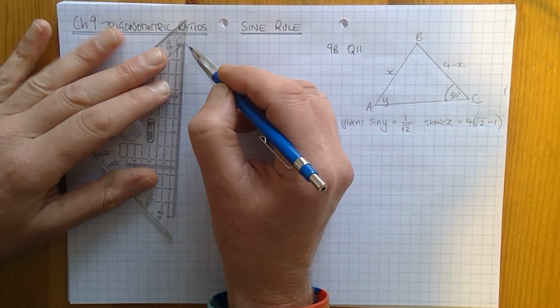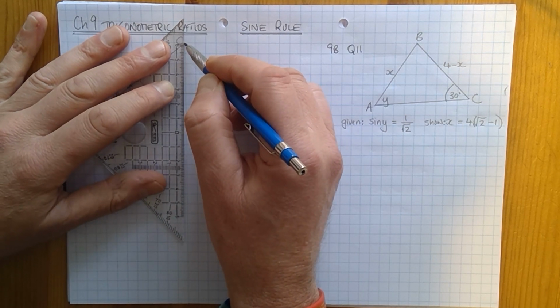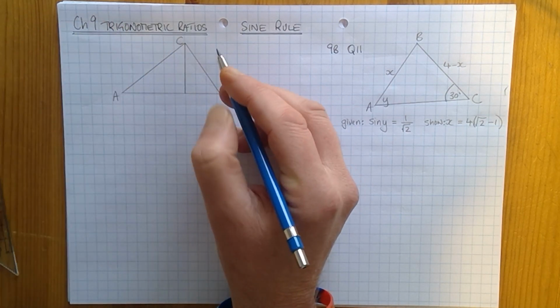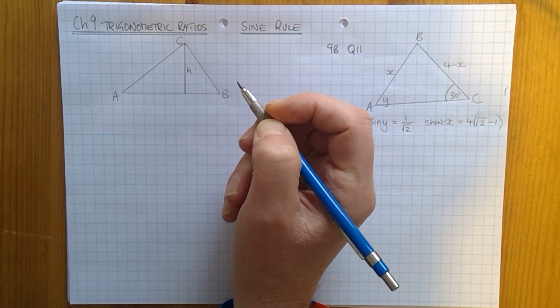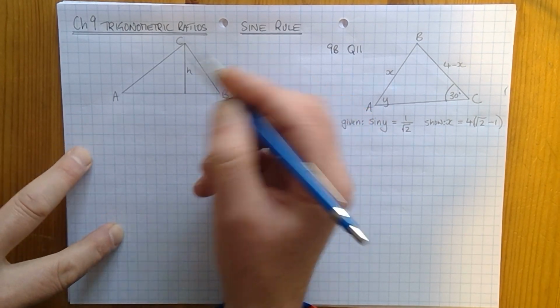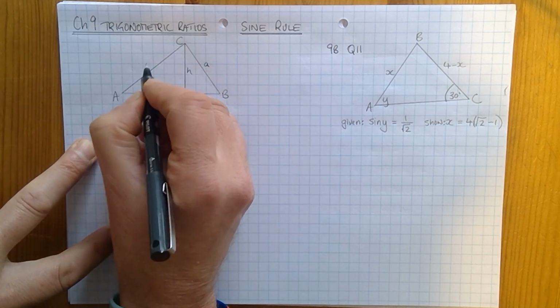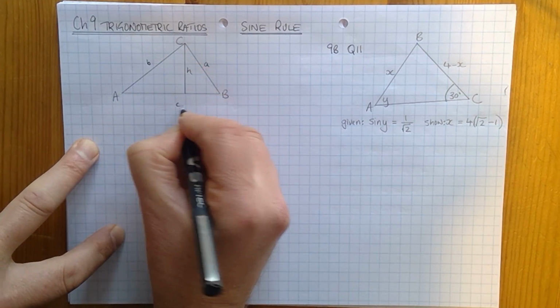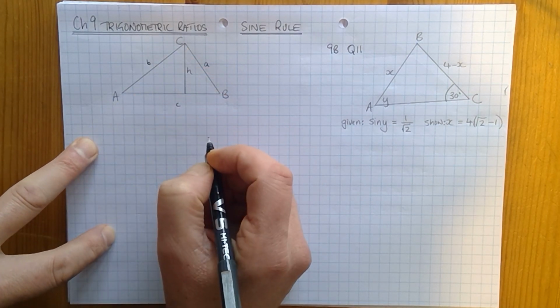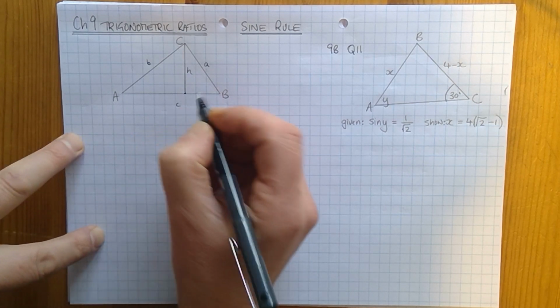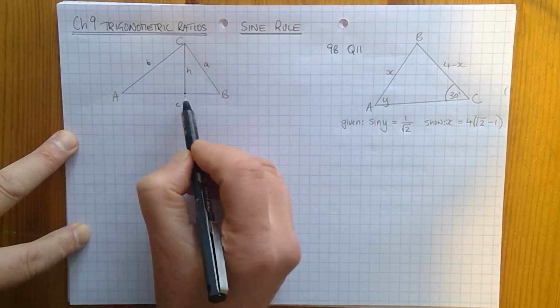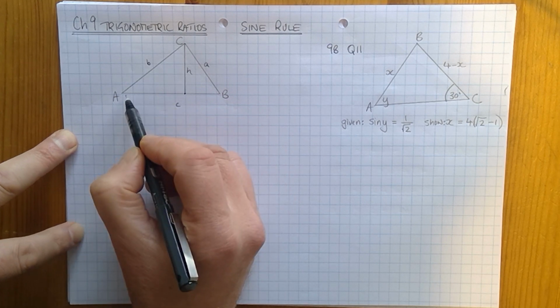I'm going to drop a vertical down as I did with the cosine rule. I'm going to call it x. So that's the standard diagram. This is side A, this is side B, this entire length here is side C. Okay, first off I'm going to look at this little triangle here.